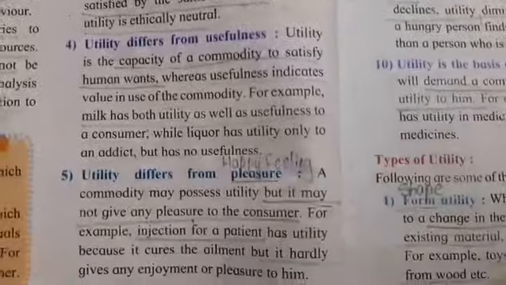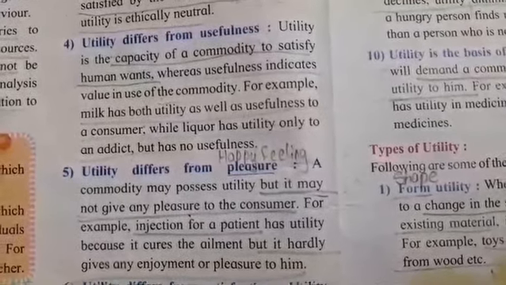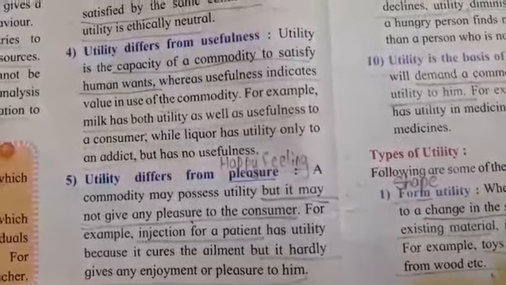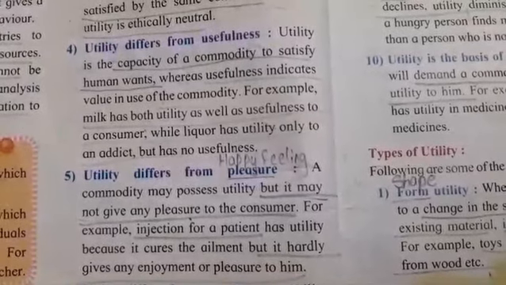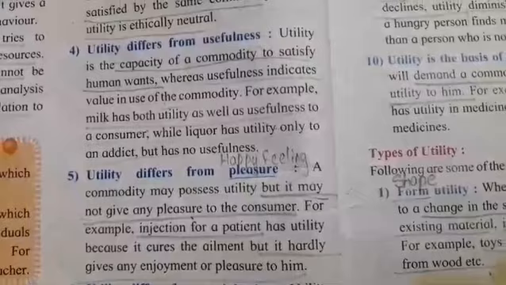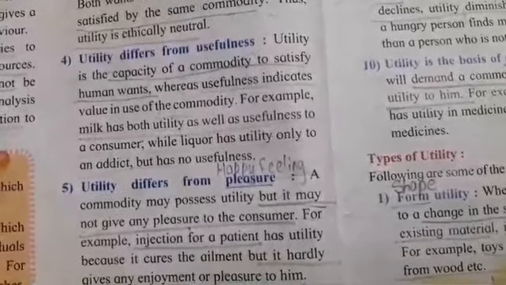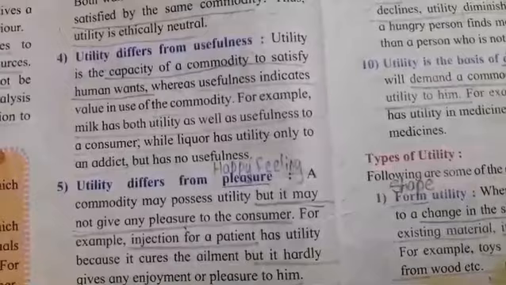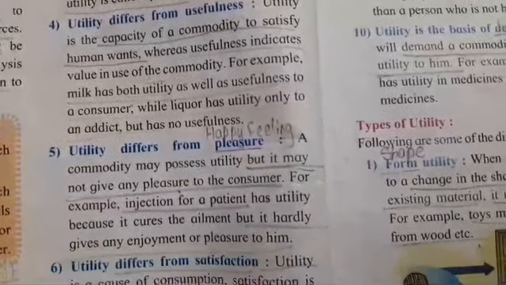Fourth, utility differs from usefulness. Utility is the capacity of a commodity to satisfy human wants, whereas usefulness indicates value in the use of a commodity. For example, milk has both utility as well as usefulness to a consumer, while liquor has utility only to an addict but has no usefulness.